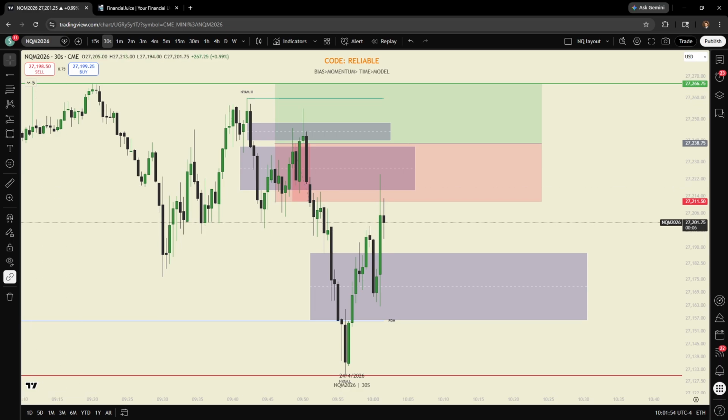Yeah, what is this wick? Holy, is this the equal high run? We got the order block, so I'm hoping so. Dude, I don't know why this is stalling so much.